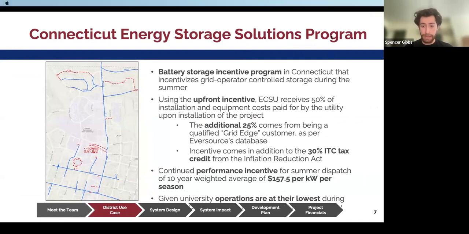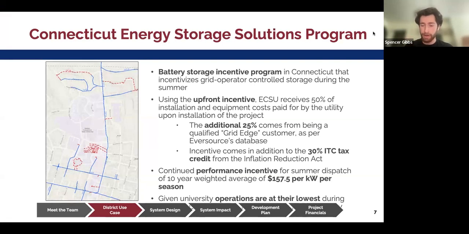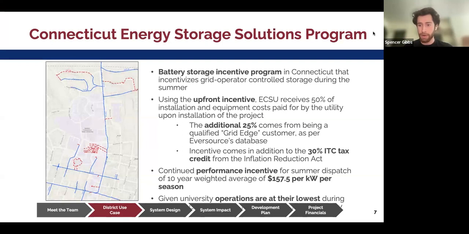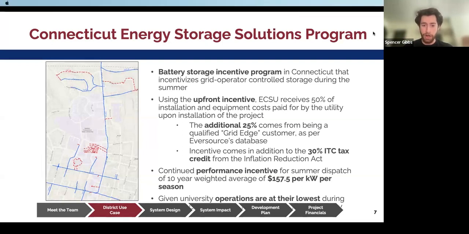One is an upfront incentive of 25% of installation and equipment costs, as well as an additional 25% if you're a grid edge customer. That's dependent on if your project will be adjacent to certain lines that are outlined by Eversource, which you can see on the left, Eastern Connecticut State University, and where we would be putting those batteries are.